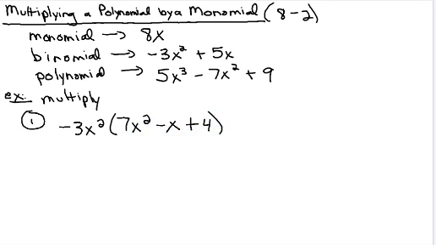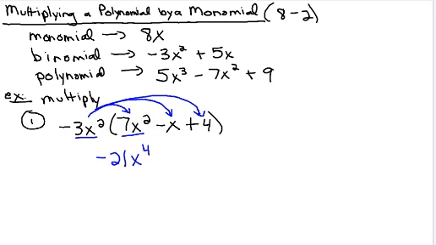Well, we have to use distributive property a lot today, so I'm going to distribute this multiplication to all three terms in here. So now I have to think, what is negative 3x squared times positive 7x squared? Well, that is negative 21x to the fourth. Remember, we add those exponents when we're multiplying with like bases.